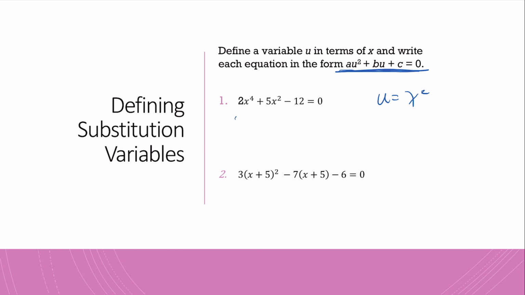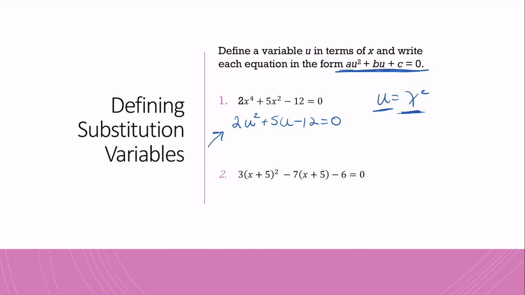So I could rewrite this as 2u squared plus 5u minus 12 is 0. Again, I'm substituting u in for x squared. Now that this looks like a quadratic, I could factor it, solve for u, and then plug my x squared back in to eventually solve for x. And that's what we're building up to.